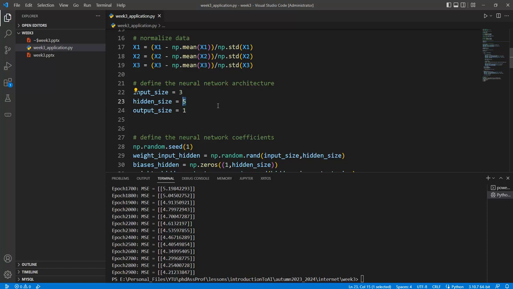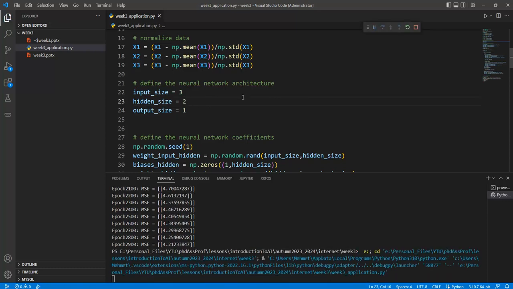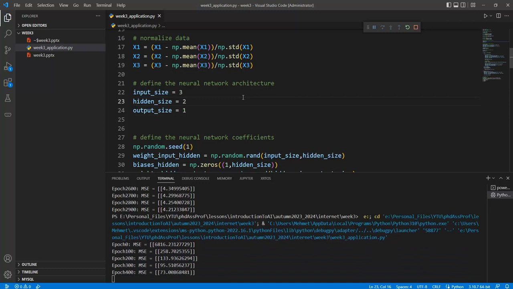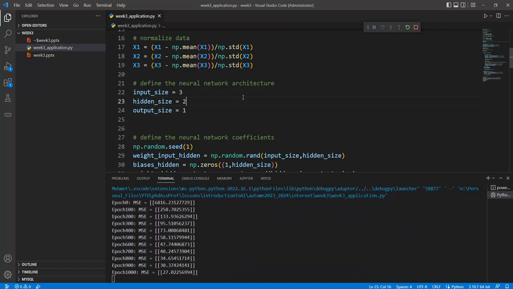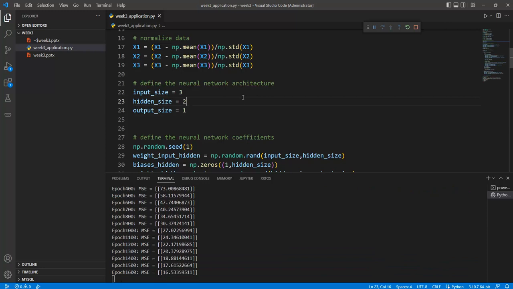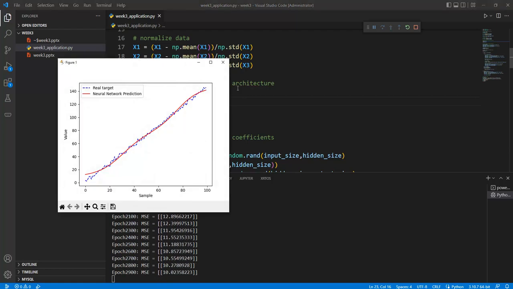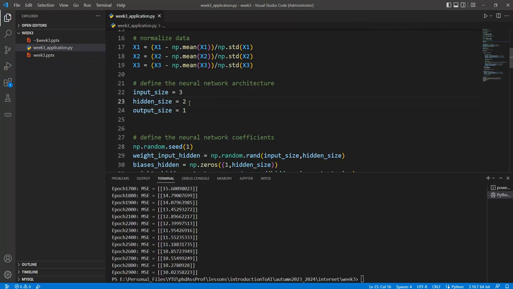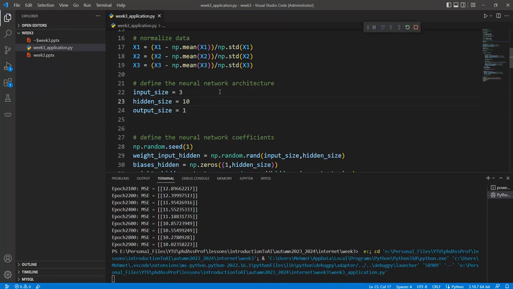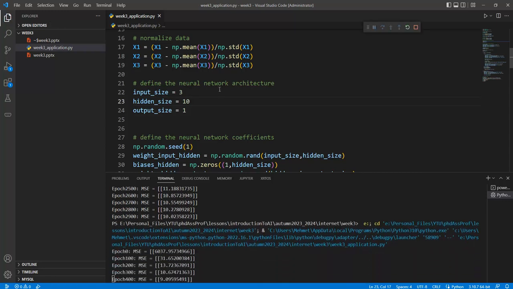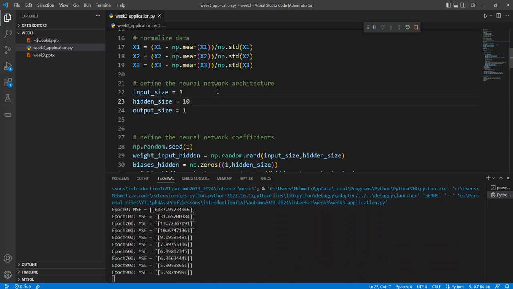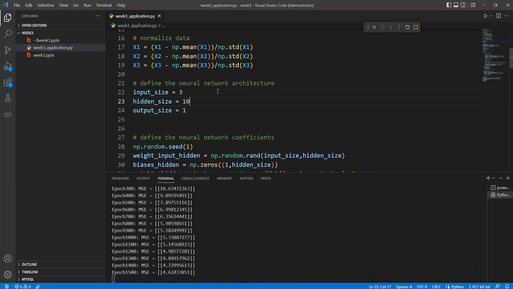For example, if we assign two values, if we have these two neurons in the hidden layer structure, then we will have less performance in here, because we don't have sufficient neurons to model all of these things. But if I increase to 10 values in here, this could increase my performance to train these networks.